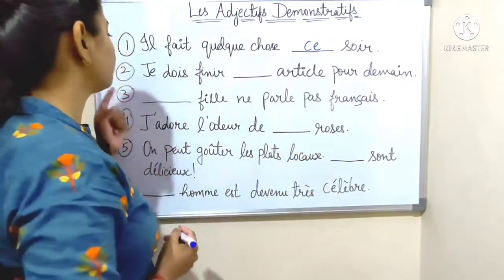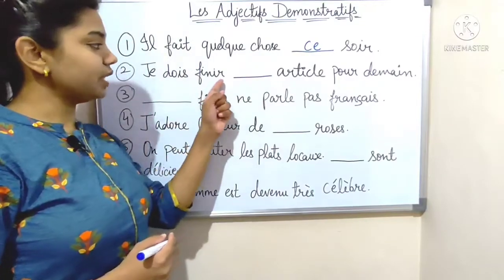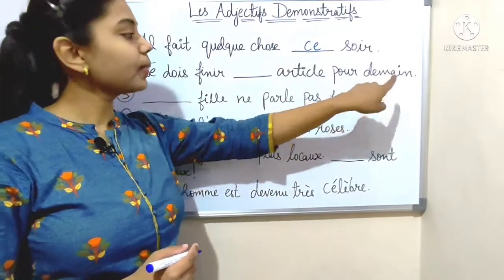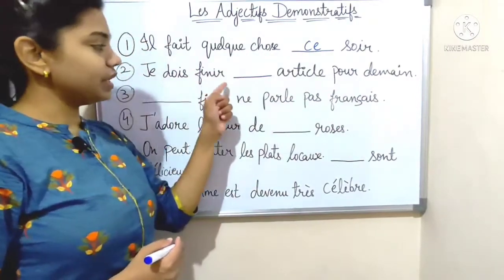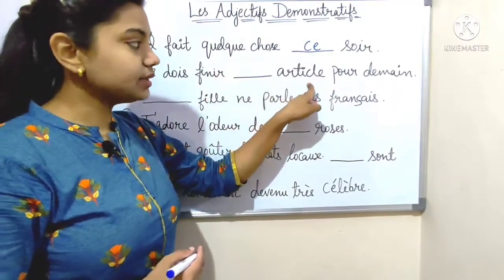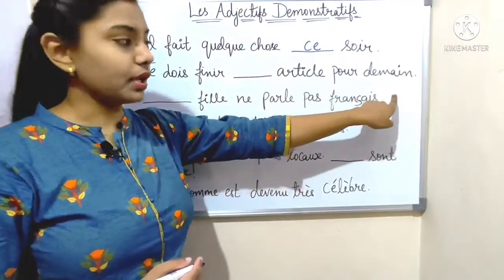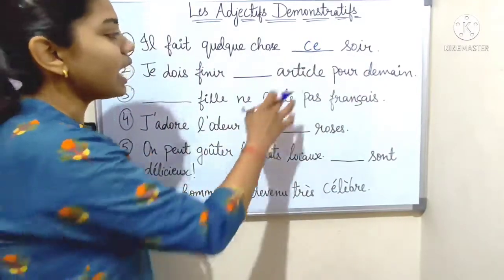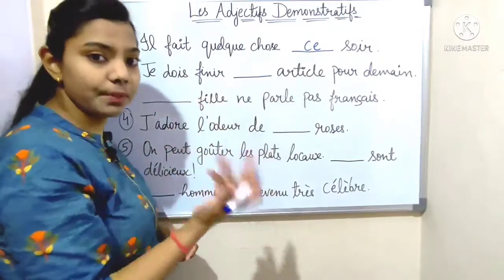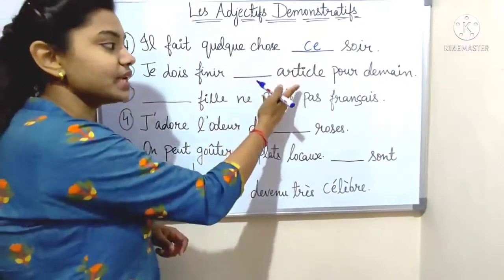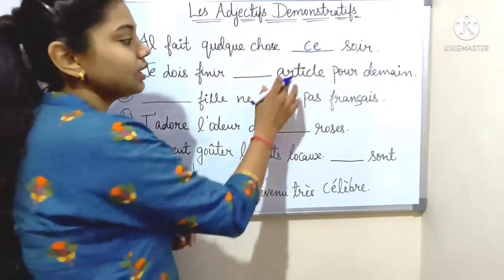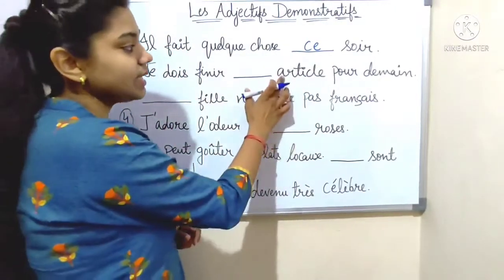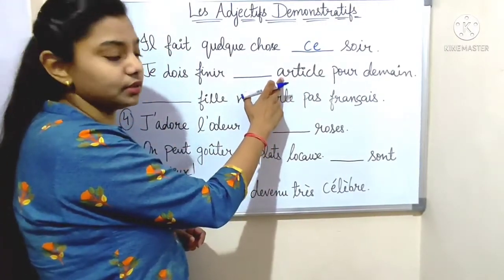Now second: je dois finir dash article pour demain. I have to finish this article for tomorrow. Demain means tomorrow. Article is masculine as well as singular, but it starts with a vowel, a.